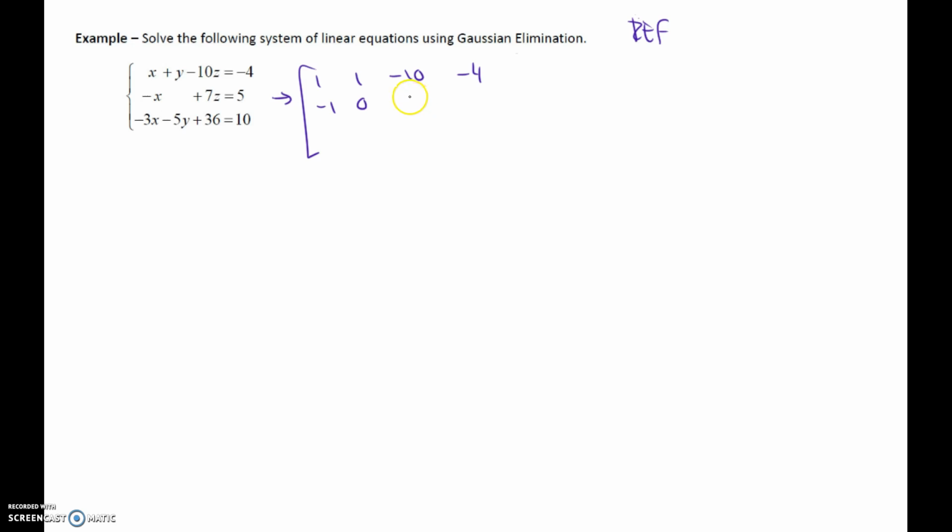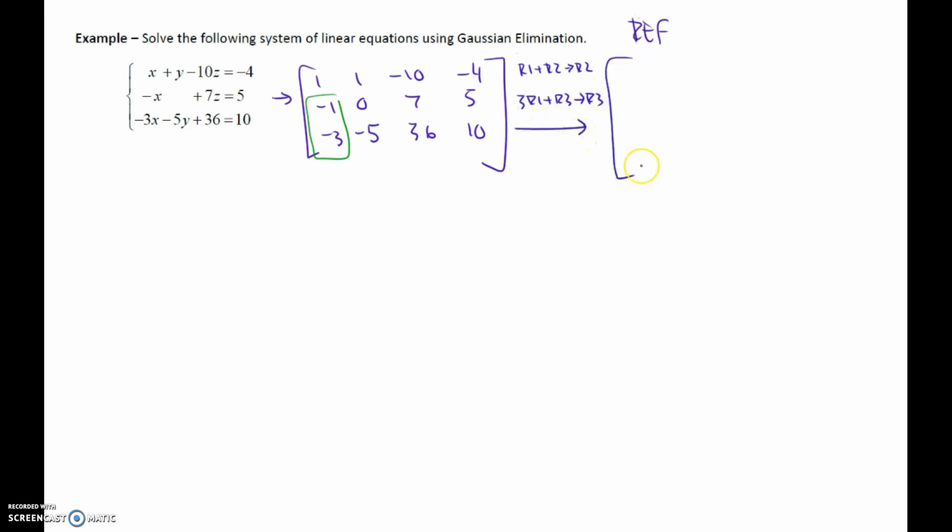Negative 1, 0, 7, 5, negative 3, negative 5, 36, and 10. All right, so I'm going to get rid of these two entries first. I'm going to do two operations on this at the same time. I'm going to take row 1 plus row 2, store it into row 2, and 3 times row 1 plus row 3, and store it into row 3.